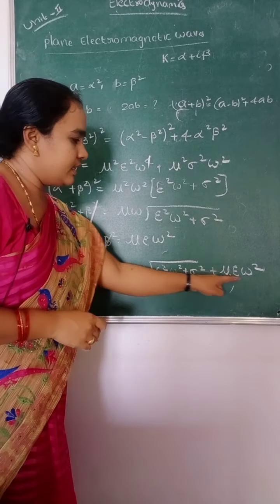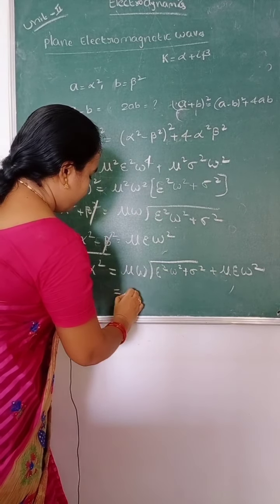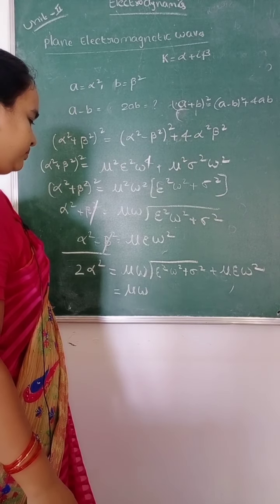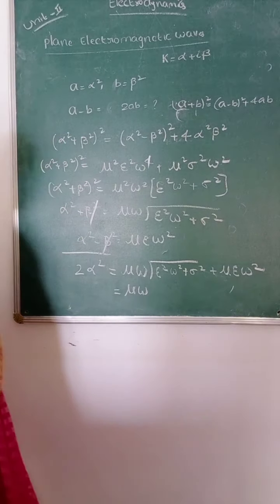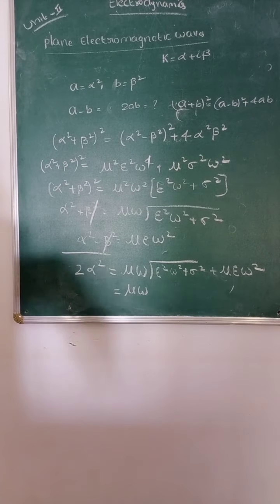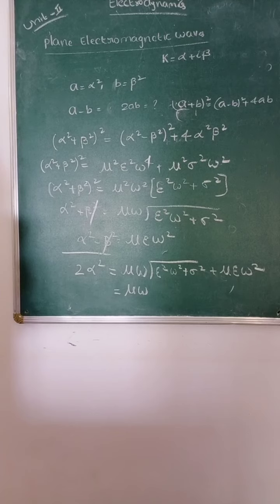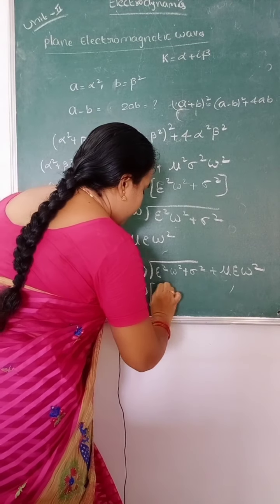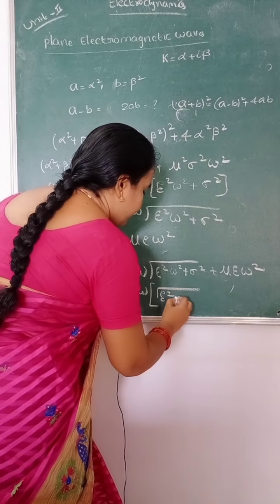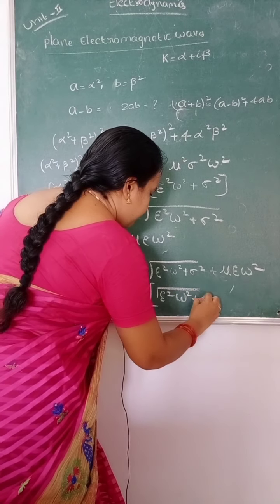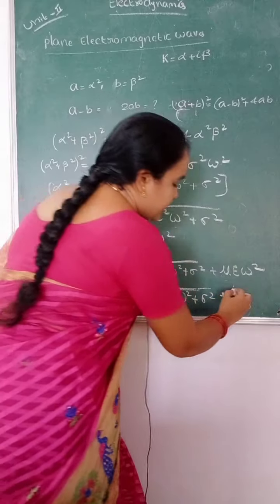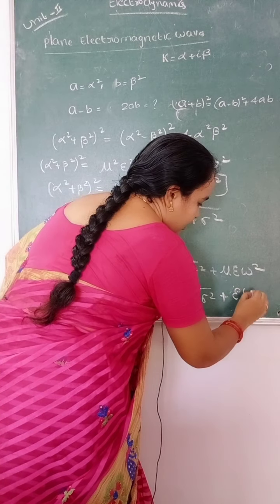If we take mu omega as common, then the remaining terms are root of epsilon square omega square plus sigma square, and epsilon omega.